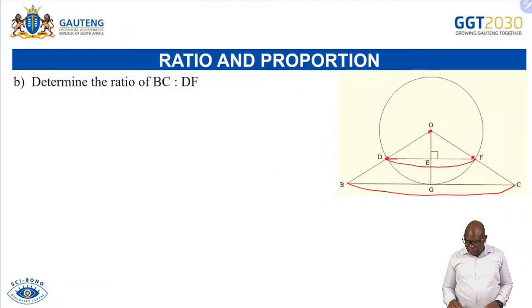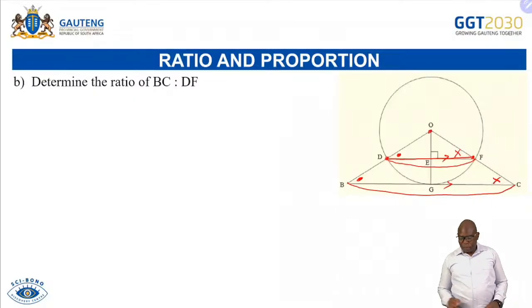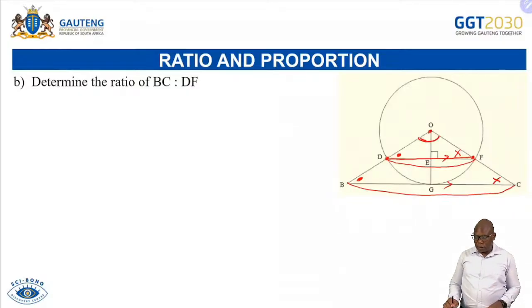if these lines are parallel, as we have proved in the other one, it means that this angle here will be equal to that angle there, and this angle here will be equal to that angle there. The corresponding angles. And this angle here will be a common angle, bringing in the similarity.